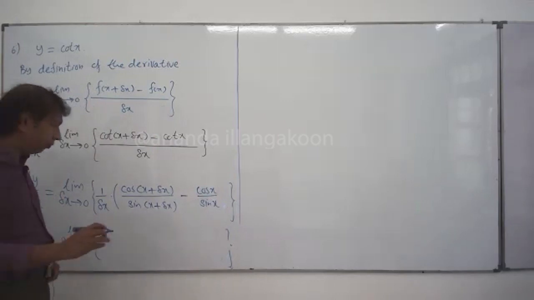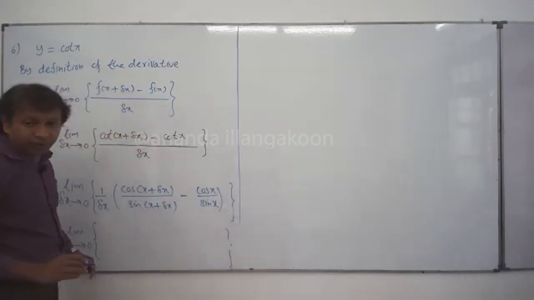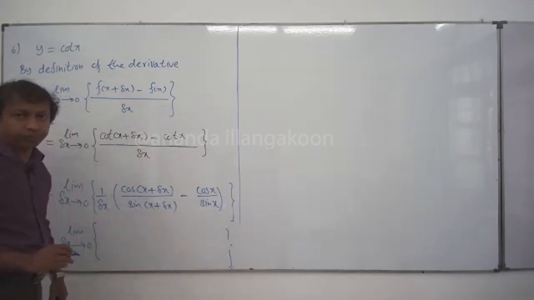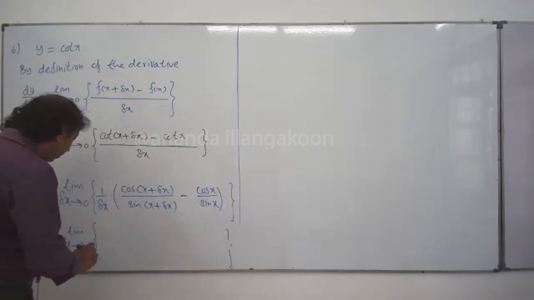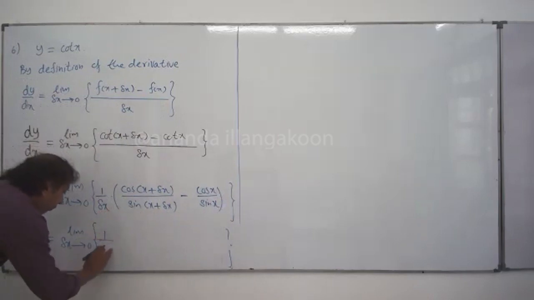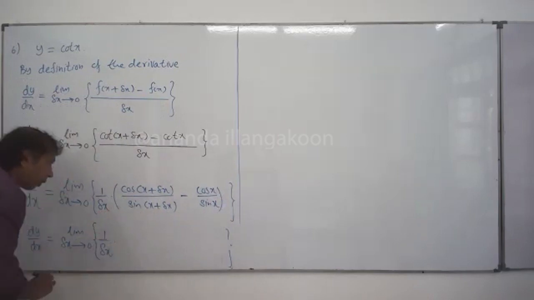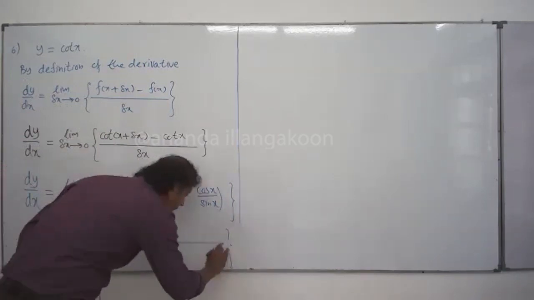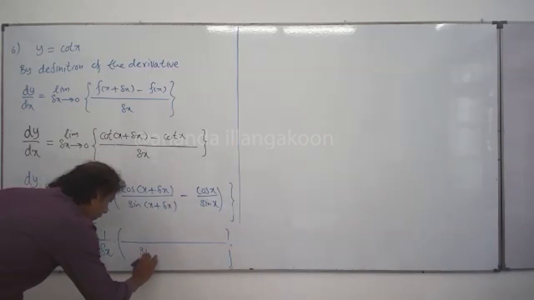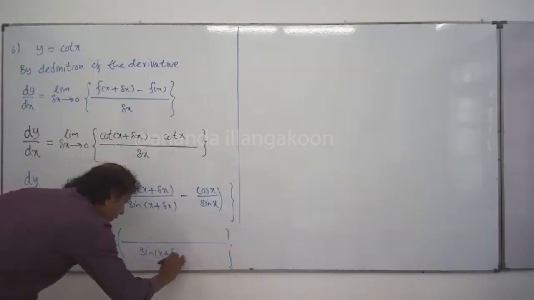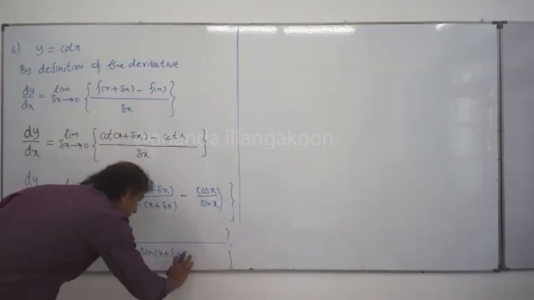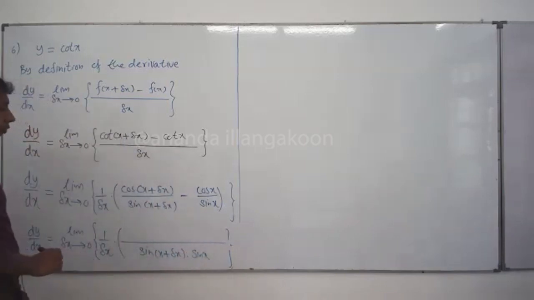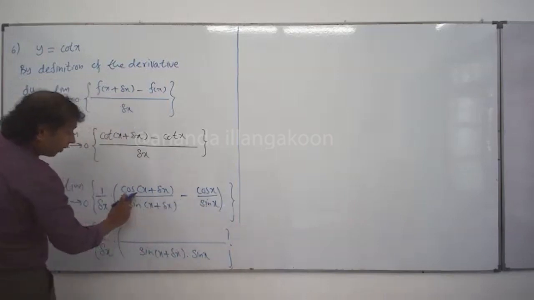Now again, here we take the product of these two as the common denominator. This 1 over delta x we keep like this. Sin(x plus delta x) into sin x. Then by this sin x you should multiply this.